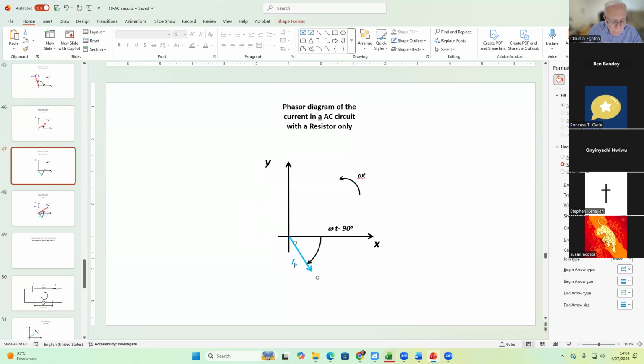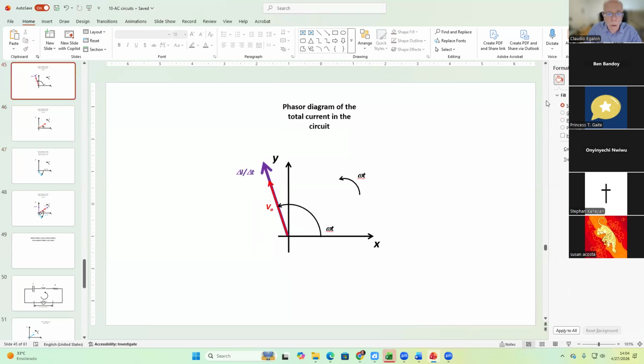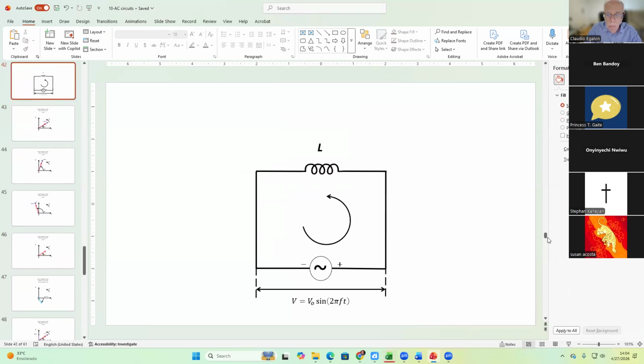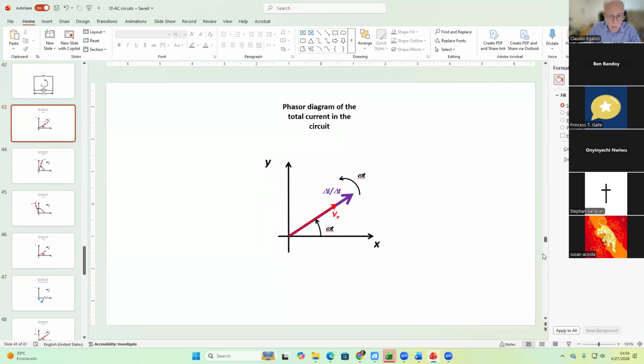Let's see if I can get it. The phasor for the current itself looks just like that. Okay.